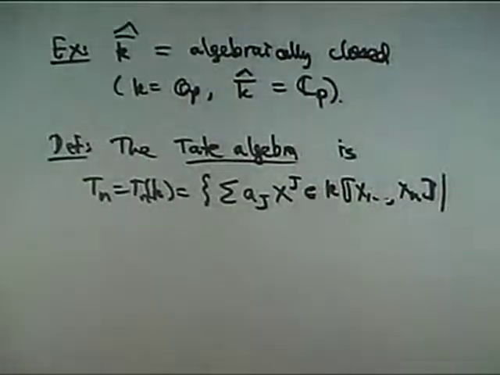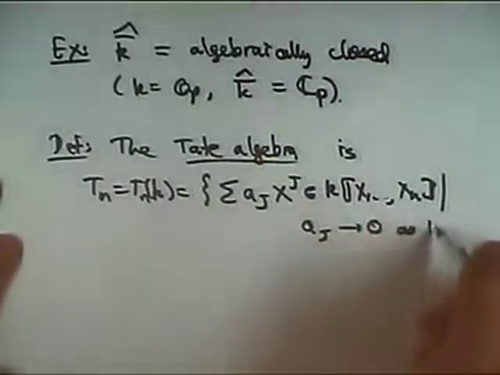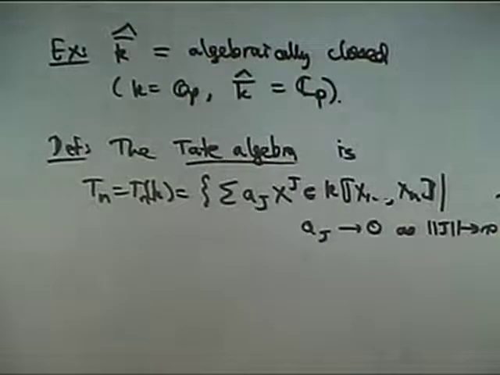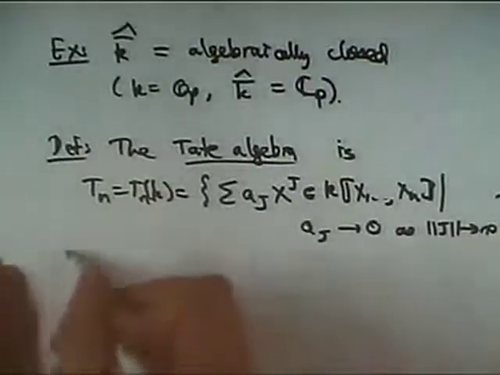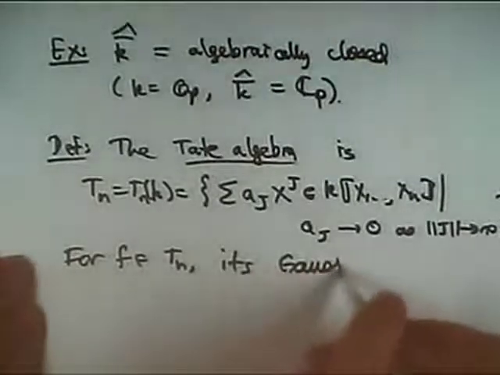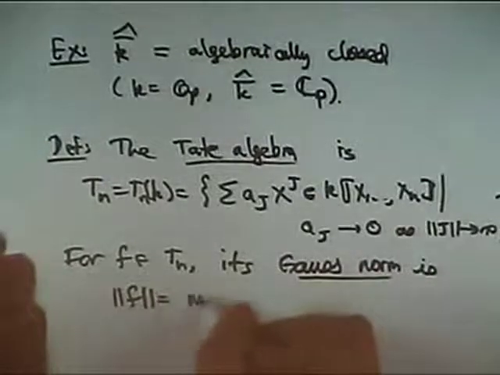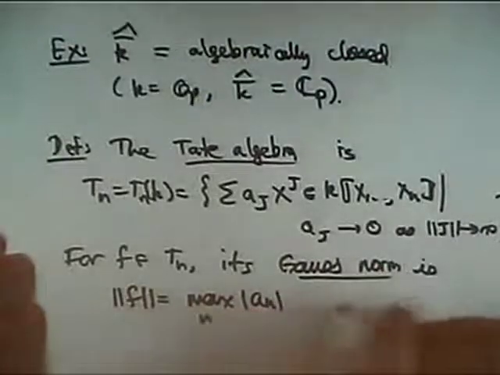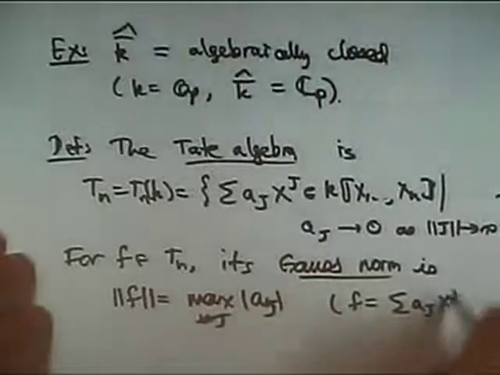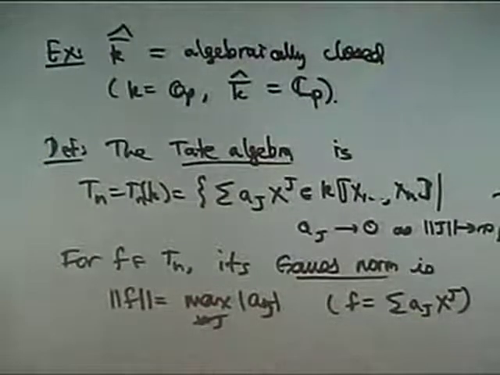This is the ring of functions on the closed unit disk over K. We give it a norm, defined to be the max of the absolute values of the coefficients. So if f is the sum of a_j x^j, since these coefficients go to 0, there is certainly some multi-index with a max, and we'll call that the norm of f.